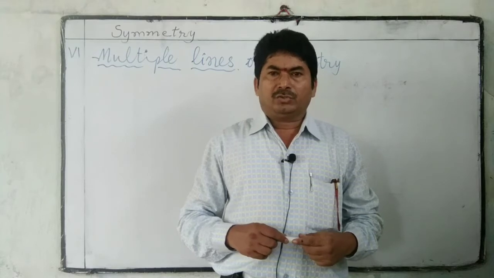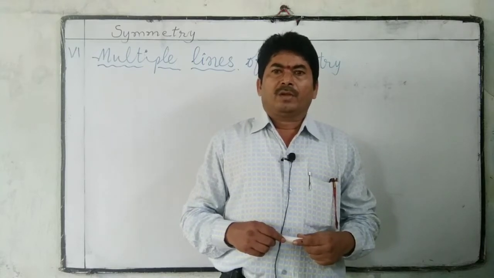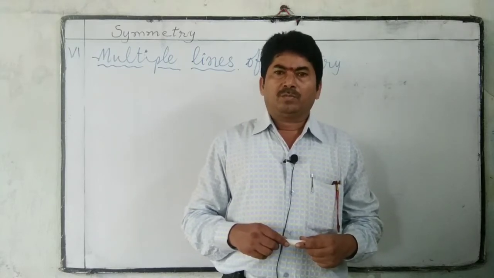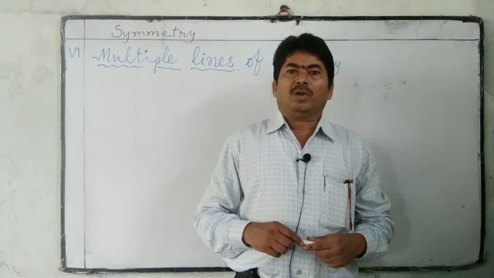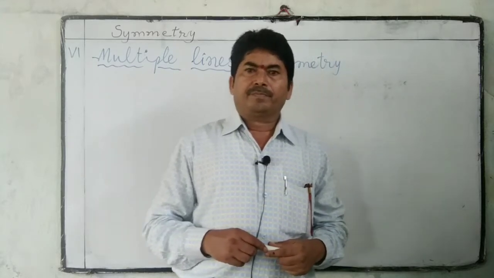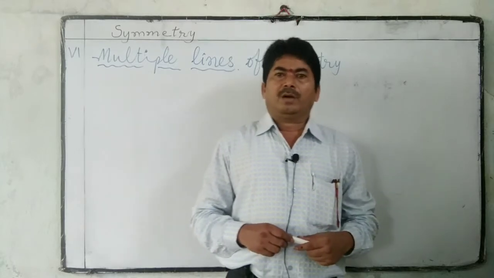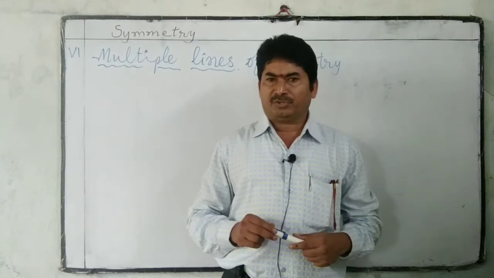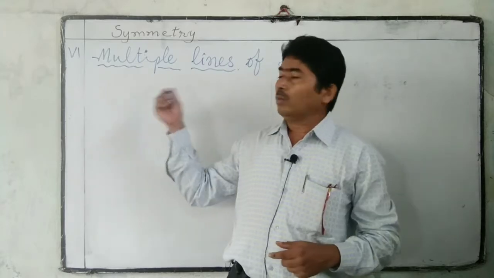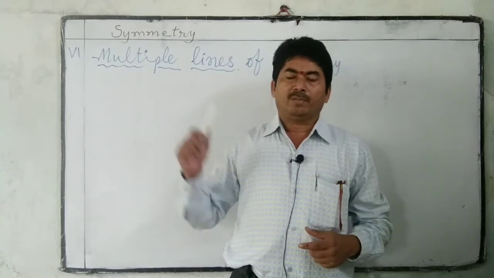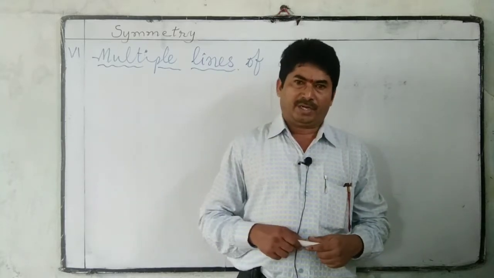So we understood so far a figure may have no line of symmetry, only one line of symmetry, or two lines of symmetry or more, meaning multiple lines of symmetry.